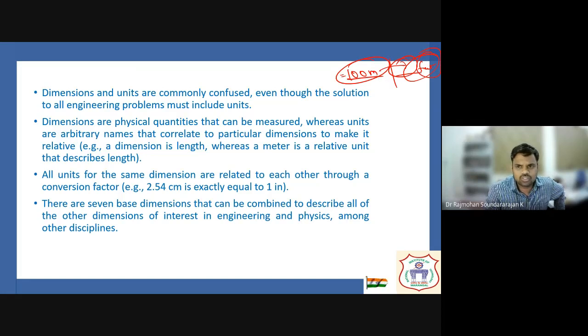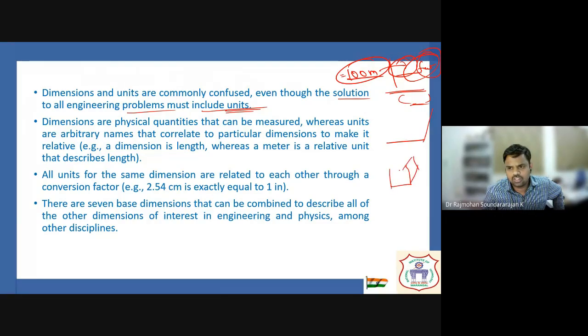So any solution to an engineering problem must have the unit associated with it. In whatever unit you work, try to finally convert to SI units and report in SI units. So what are dimensions? Dimensions are the physical quantities that can be measured. For example, I have a length, a breadth, a volume.